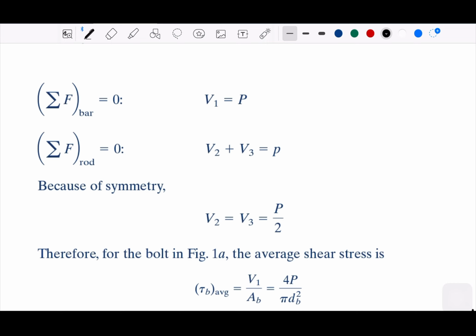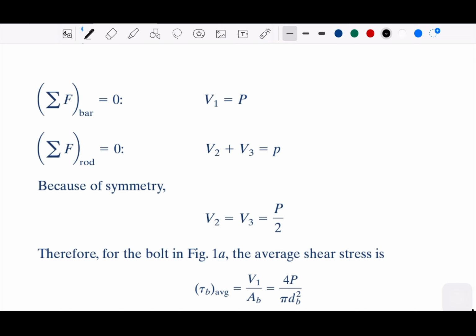And we get the shear force equal to P. For the second picture, we have P2 plus P3 equal P. From here, because of the symmetry in the double shear, we could say that P2 and P3 are each half of P, right? And then we can take the average shear stress. The shear stress is the shear force divided by the area of the section.